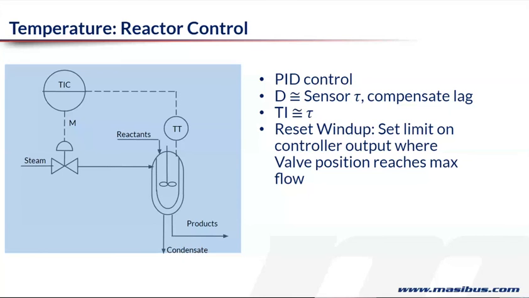And set, as I said, the upper limit of your controller equal to where this valve gives maximum flow. The position may be 60%. So at 60% of the valve, you set the limit of your controller output at 60% to prevent this reset windup.